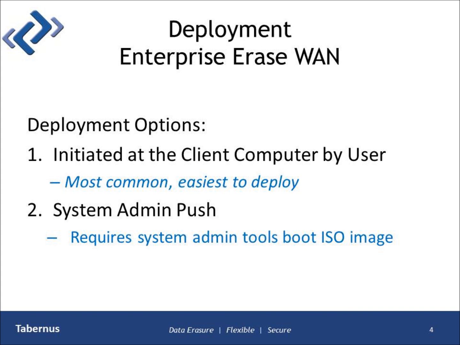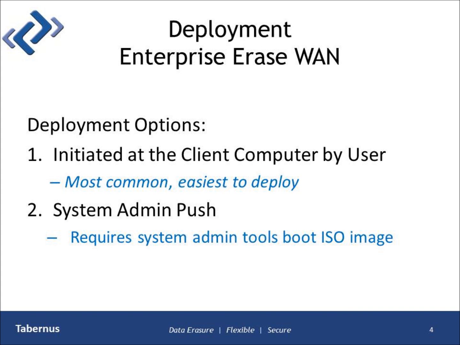There are two primary deployment methods with Enterprise Erase WAN. It depends on the customer and the usage. One deployment is at location, where the user can elect to erase their client at that point of use location. That's easiest to deploy and maybe most common. The second method is a system admin push.